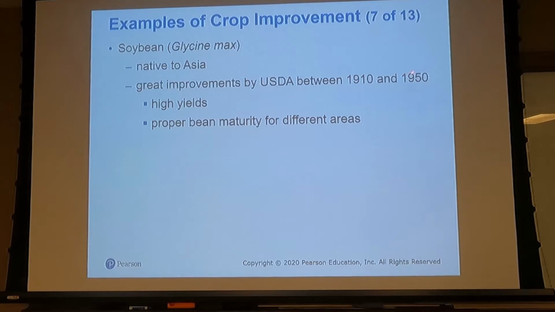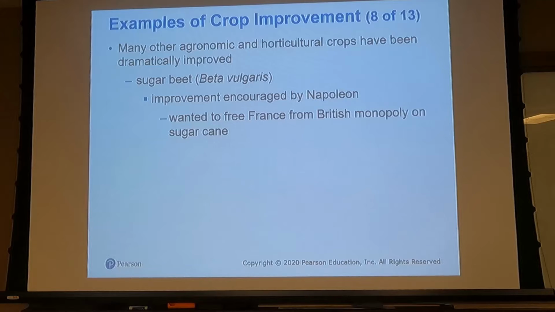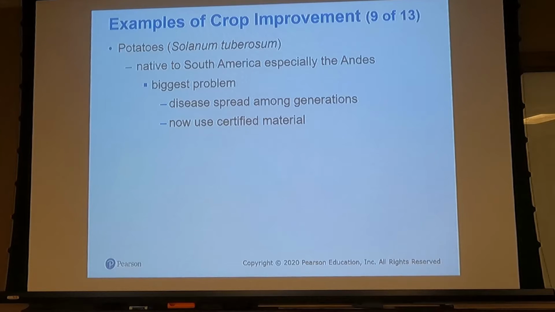We made a lot of improvements between the early 1900s and the 1950s. And as I mentioned before, we've done this by making the proper bean maturity for the right area, and greater disease resistance. Some other ones have been sugar beet, that we've worked on for crop improvement.